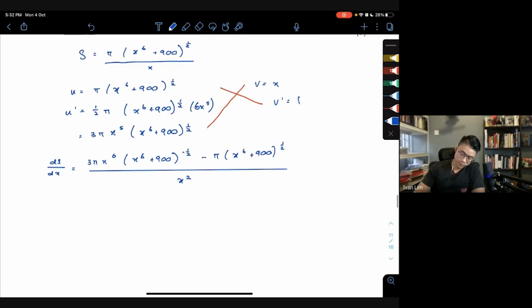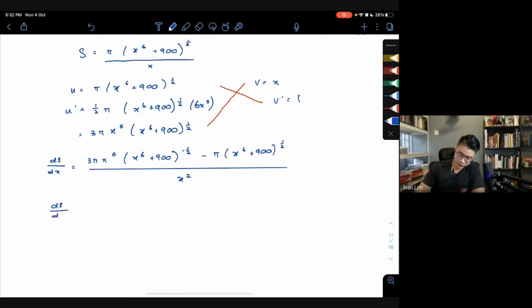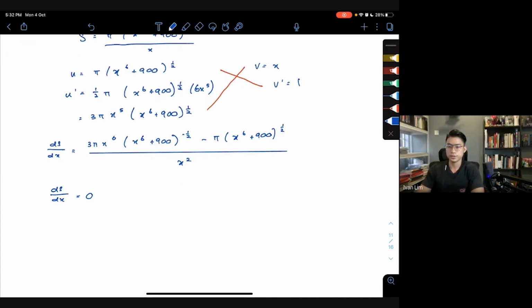Okay, then you want to write ds over dx equals 0. You got to show this some way or another.